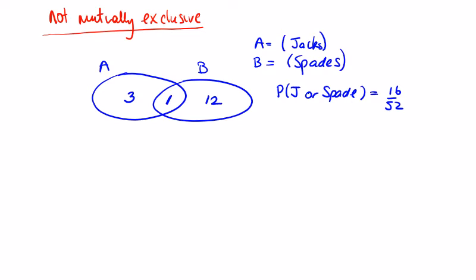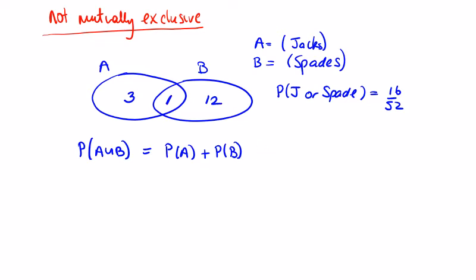So we may be asked to prove that two events are not mutually exclusive. So the way to set it up is that the probability of A union B is equal to the probability of A plus the probability of B. Now I'm just going to do a minus here.